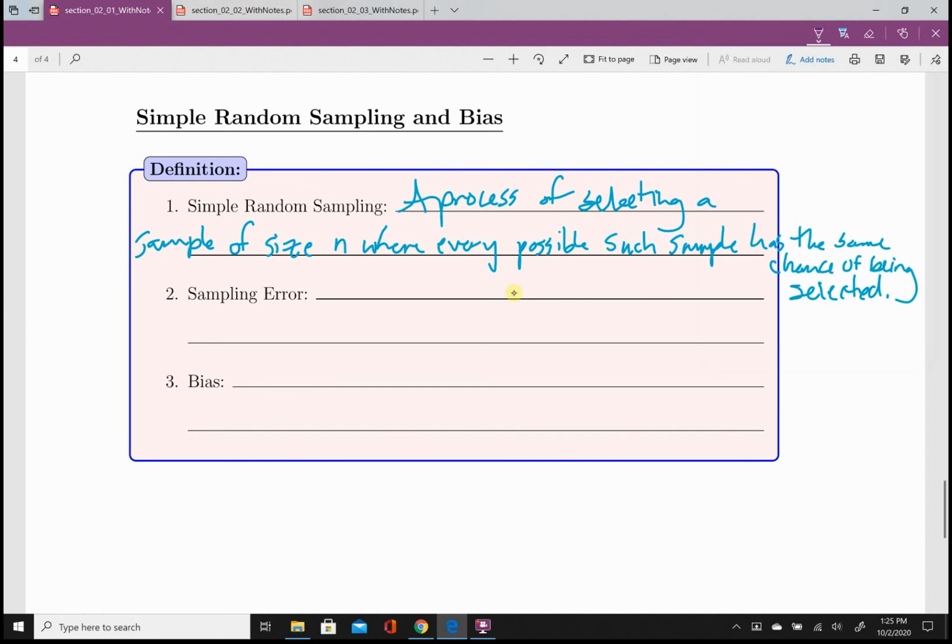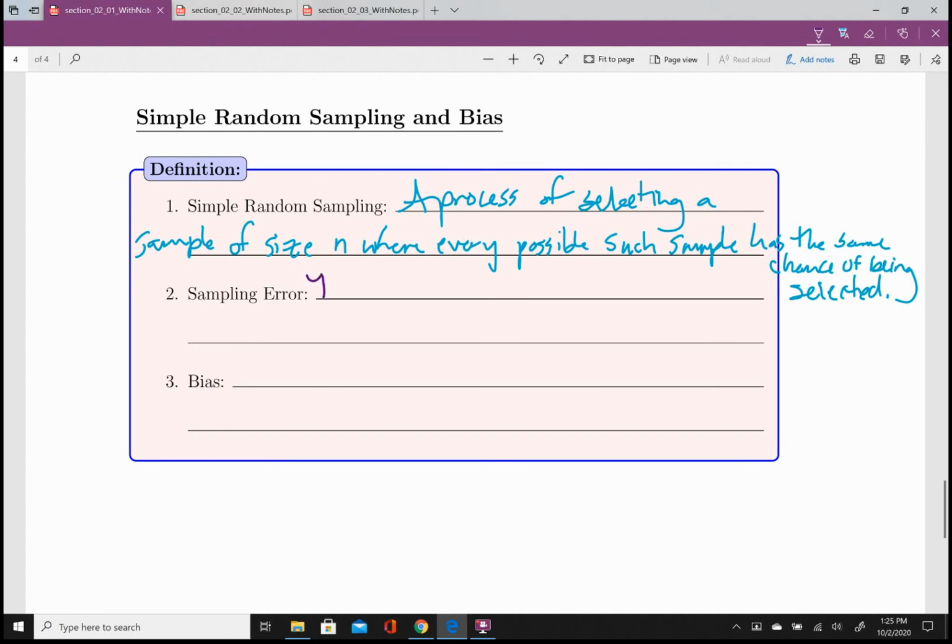for simple random sampling versus sampling error, which is defined as the error involved in using a sample to estimate information about a population due to randomness in the sample.